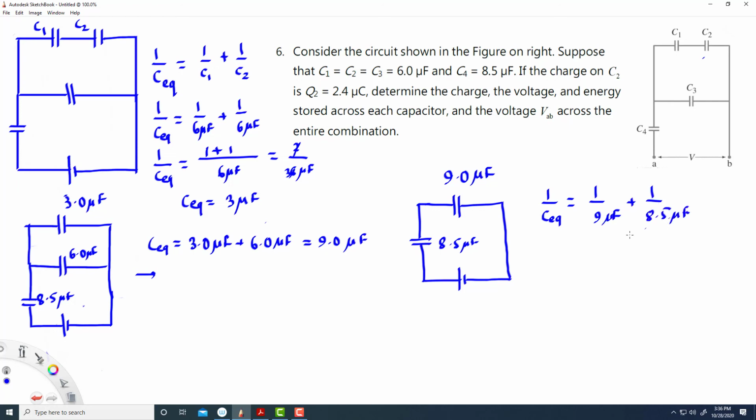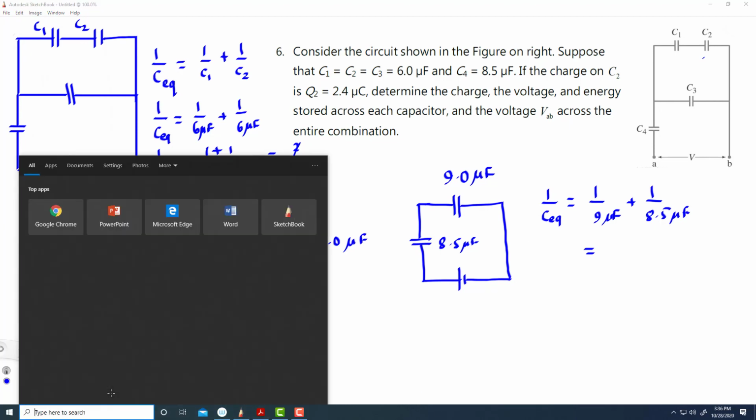Okay, so I will just use the calculator here. Let's see what we get using the calculator.